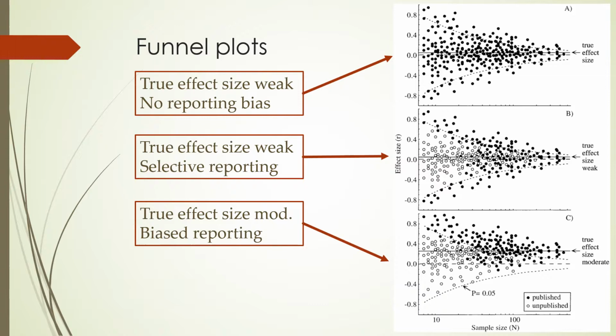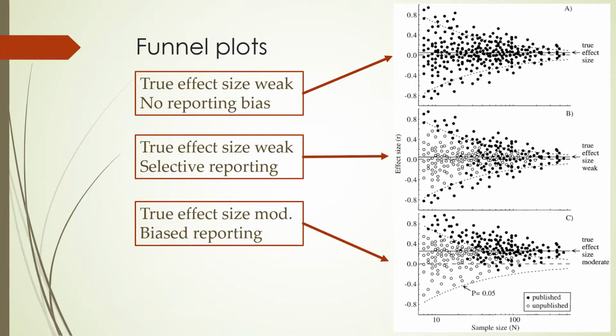So at small sample sizes, because of increased sampling error, you expect more deviation of the mean effect size from the true effect size. And as you get out to larger sample sizes, it'll tend to converge on the true effect size. So the distribution of those results will narrow.